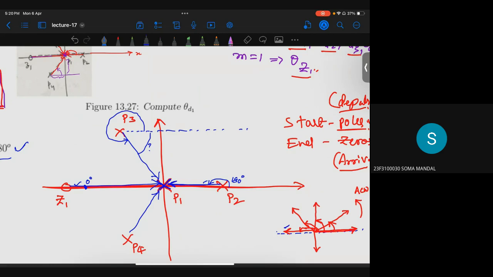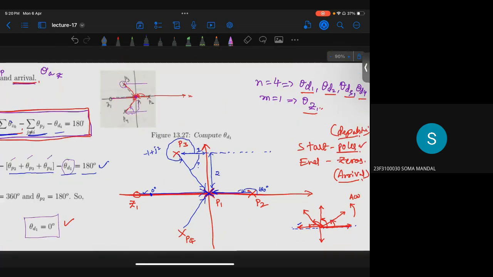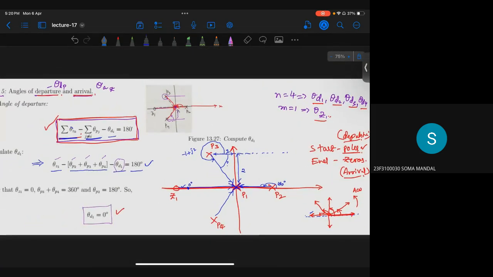If you know this length and this length, we can take the tan inverse, correct? This location is -1 plus j2, so this is 2, this is 1. You have to take the magnitude, and then that will be tan inverse of 2 by 1. That is how you have to do the calculation.